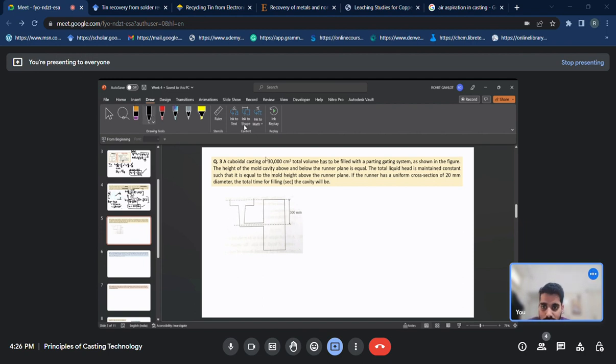We see a cuboidal casting of 30,000 centimeter cube total volume that has to be filled with a parting gating system, as shown in the figure. The height of the mold cavity above and below the runner is equal, so this is also 300 mm.